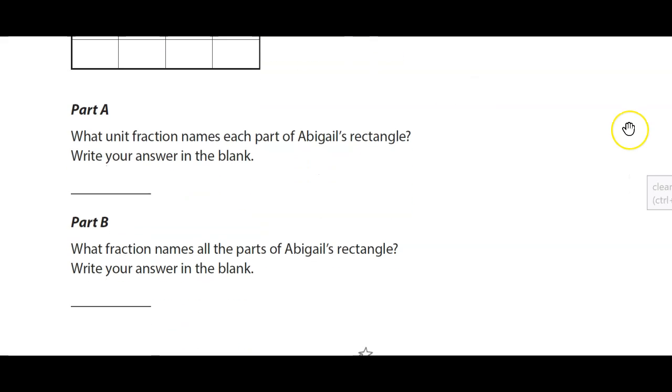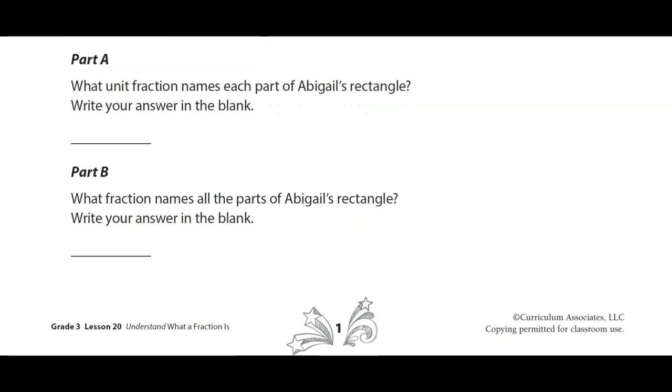Then it says, what fraction names all the parts of Abigail's rectangle? Write the answer on the blank. We'll go over that in a second. So for part B, how many squares were in all? 8.